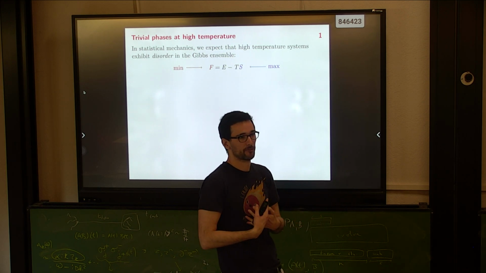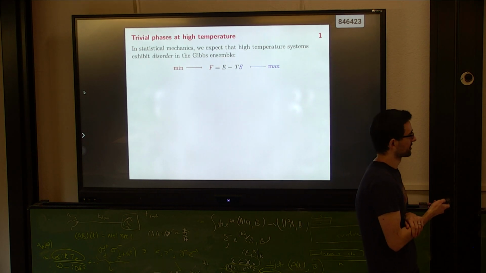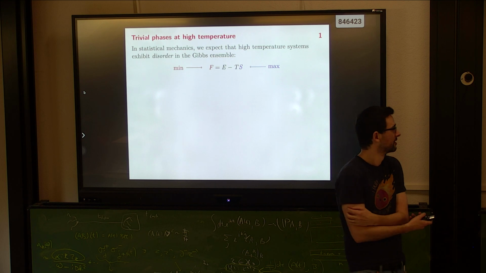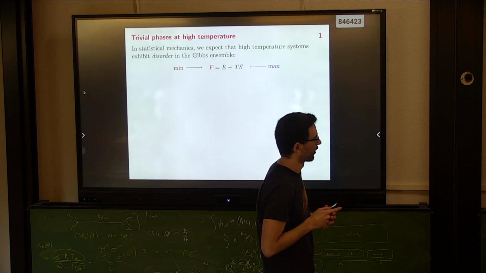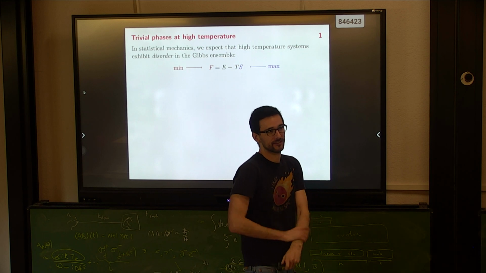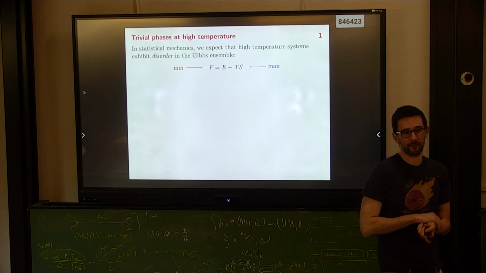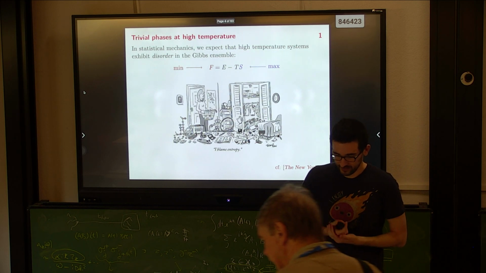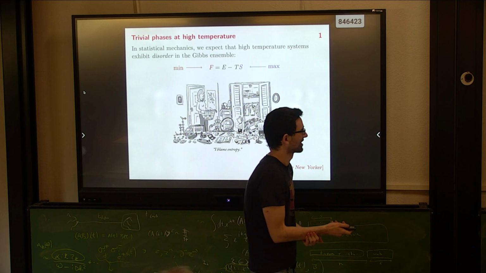At finite temperature, we want to minimize the free energy F, which is equal to the energy E minus temperature T times entropy S. And at high temperature, it makes sense that we would want to maximize the S in this formula, i.e. entropy. And if we think about building a phase with very high entropy, then we expect this phase to be very disordered.